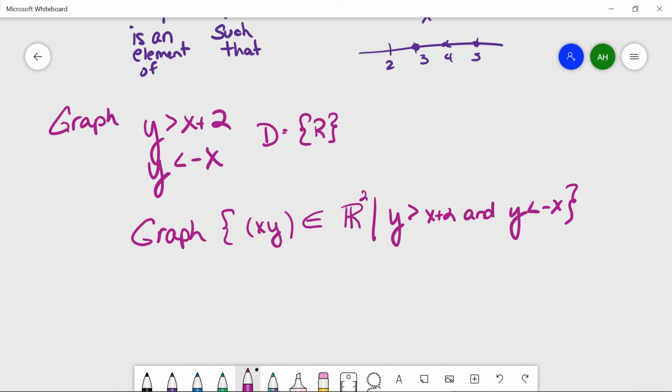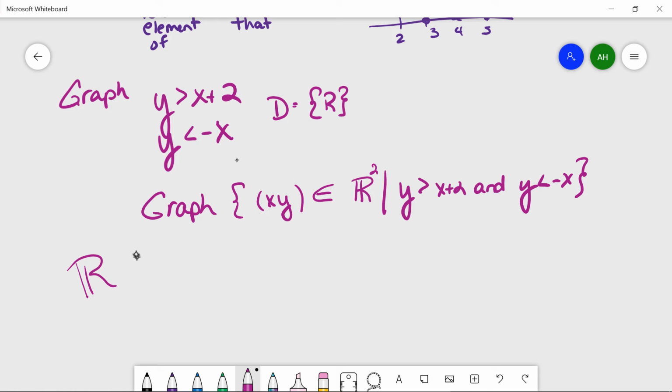If I've just got this like this, that's going to be a real number on a one-dimensional line. But if I want it to be on a plane, a coordinate plane, I'm going to do that, and that's going to indicate the fact that it's a real number on a two-dimensional plane, and xy is a point on the real number plane.